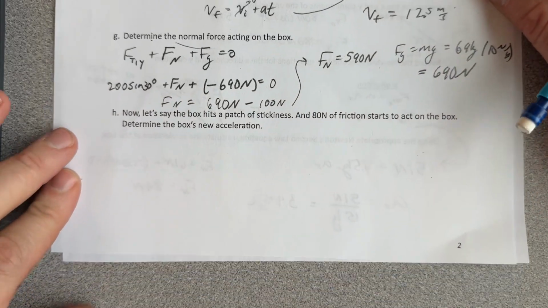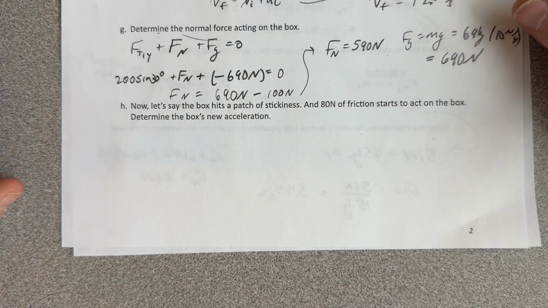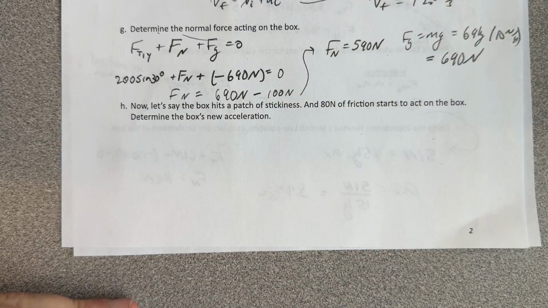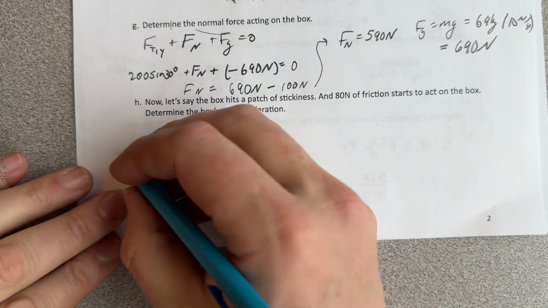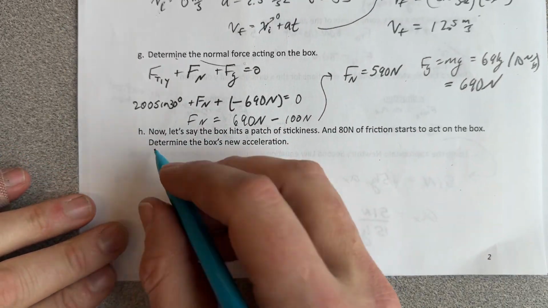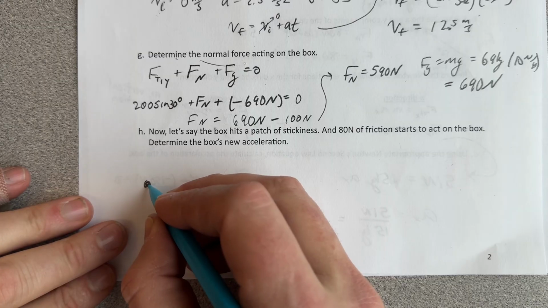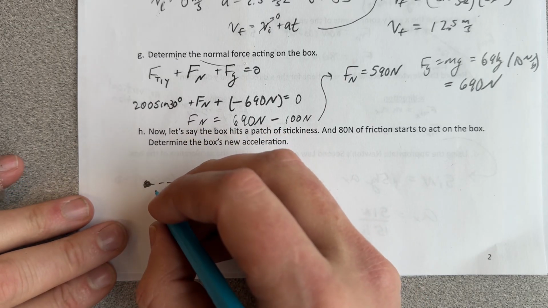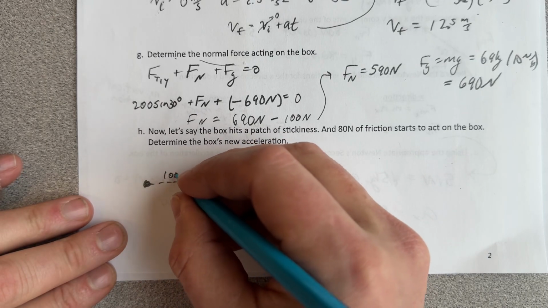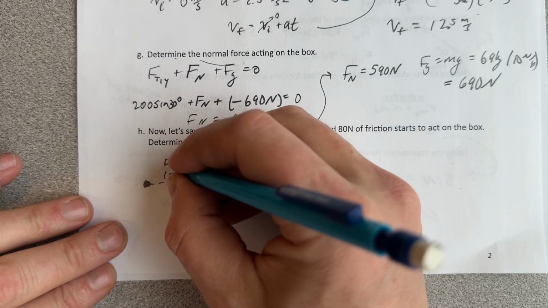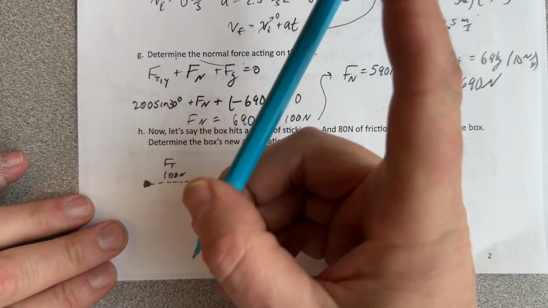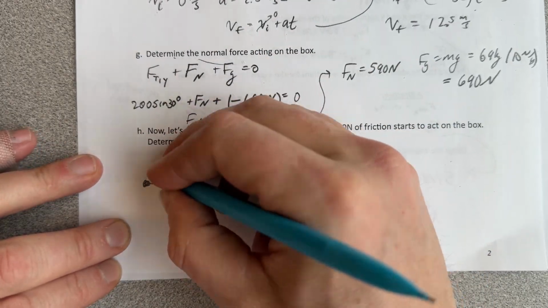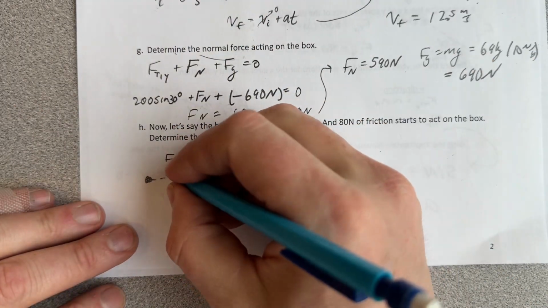Now let's say the box hits a patch of stickiness and 80 newtons of friction starts to act on the box. So let's think about this for a second. Now the force accelerating it forward is 173 newtons.